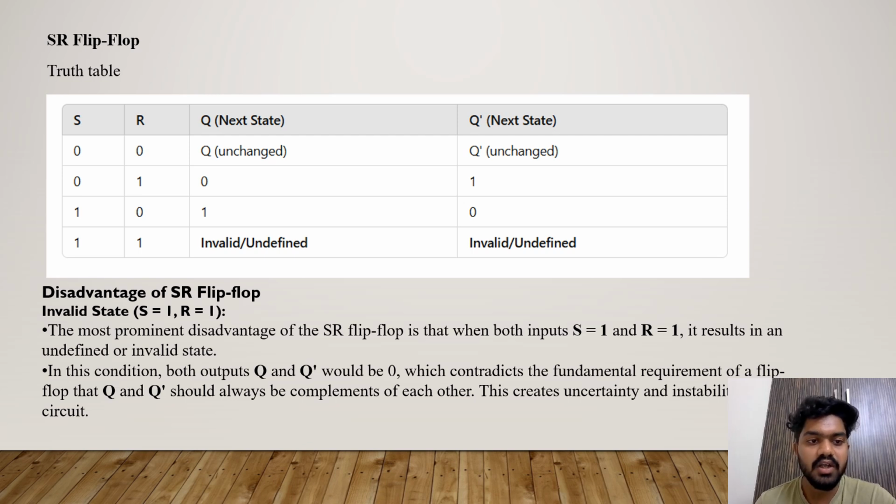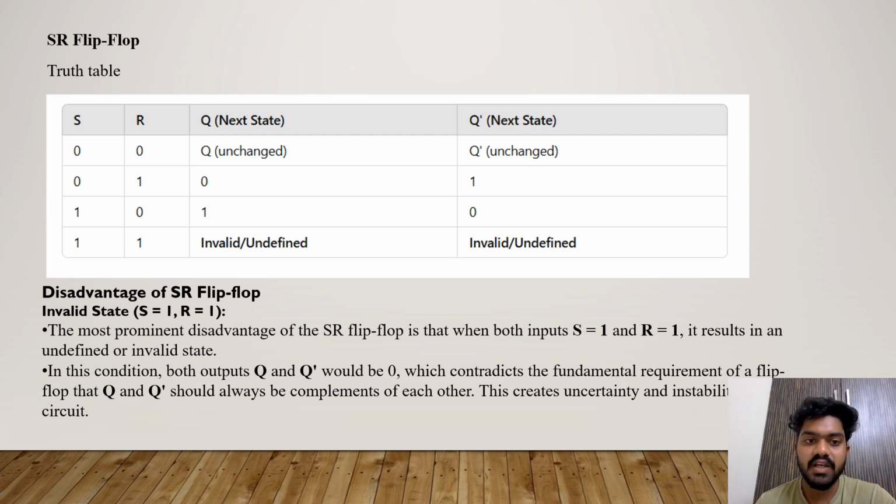In this truth table, we have four conditions for the different values we provide for S and R. In the first case, when we provide 0 and 0, the output is unchanged, that is Q. When we provide S as 0 and R as 1, we get output 0, that is the reset condition. When we give S as 1 and R as 0, the output is 1, that is the set condition.